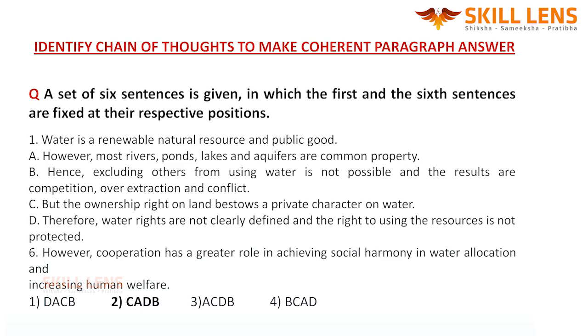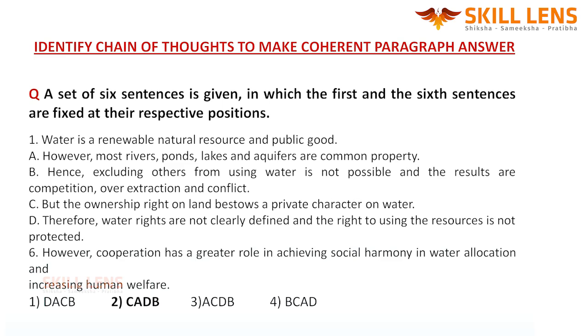In this question, we see that sentence 1 says, water is a renewable natural resource and a public good. We have connected it with sentence C that says, but the ownership right on land bestows a private character on water. We are connecting sentence 1 with sentence C, which gives us a contradictory idea.